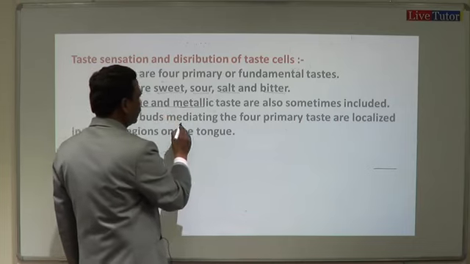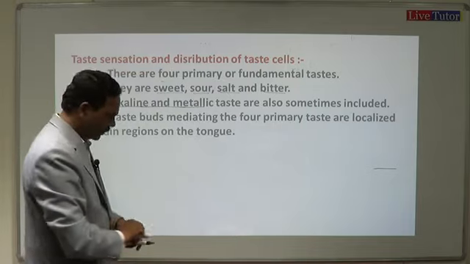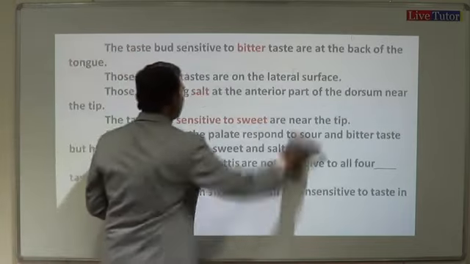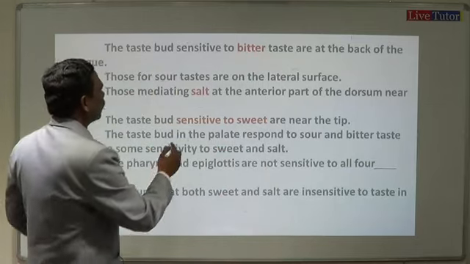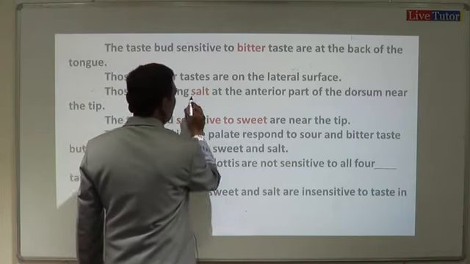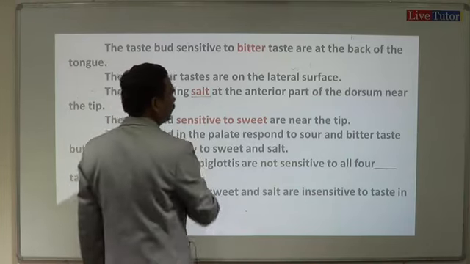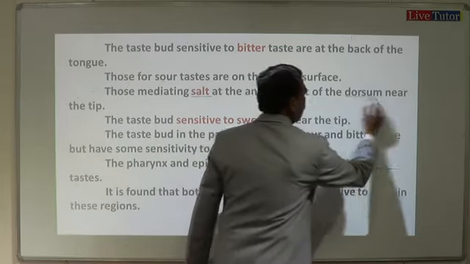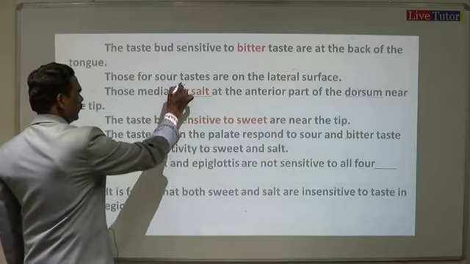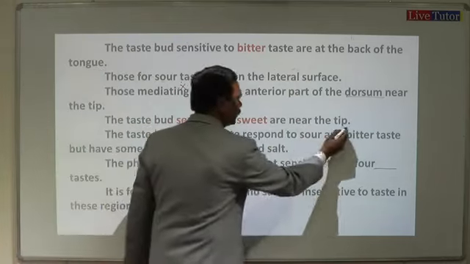The taste buds mediating the four primary tastes are localized in certain regions. We already studied where the taste buds are distributed in the tongue. See here, the four tastes on the lateral surface. The taste bud for salt is at the anterior part, that is the dorsum, the extreme tip. It is what? Salt. Remember the point. First step. Then taste buds sensitive to sweet are near the tip.